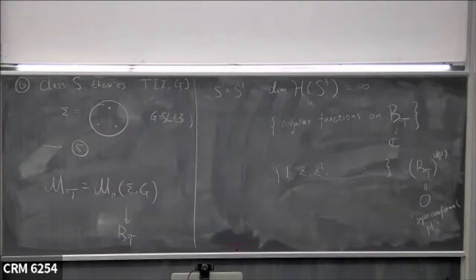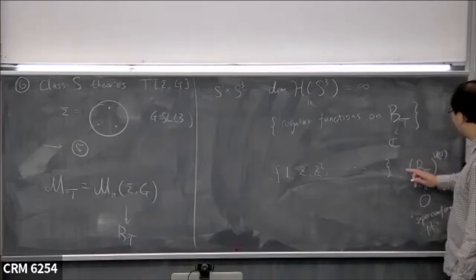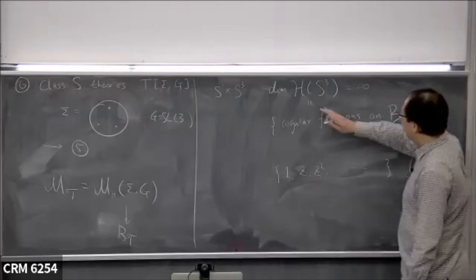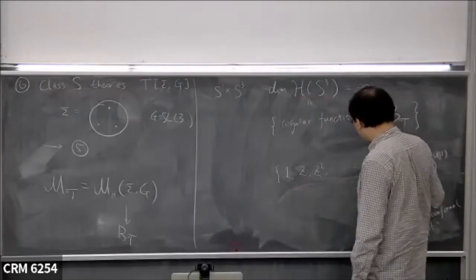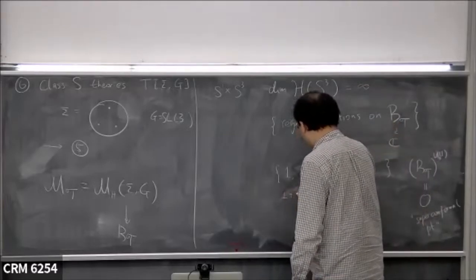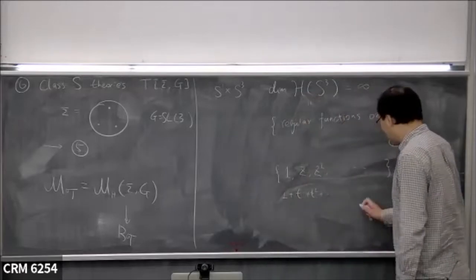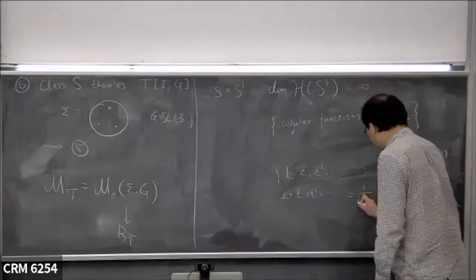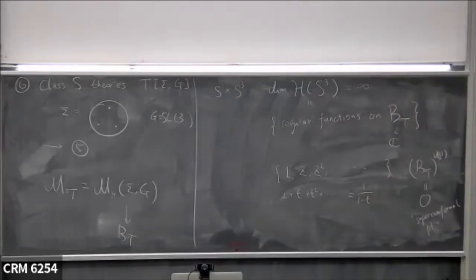So can we use this to regularize this? If we are allowed to compute the character of this U1 action, then instead of having 1 plus 1 plus 1 plus 1, we're going to have 1 plus t squared plus dot dot dot. And then we can sum this up to be 1 over 1 minus t.